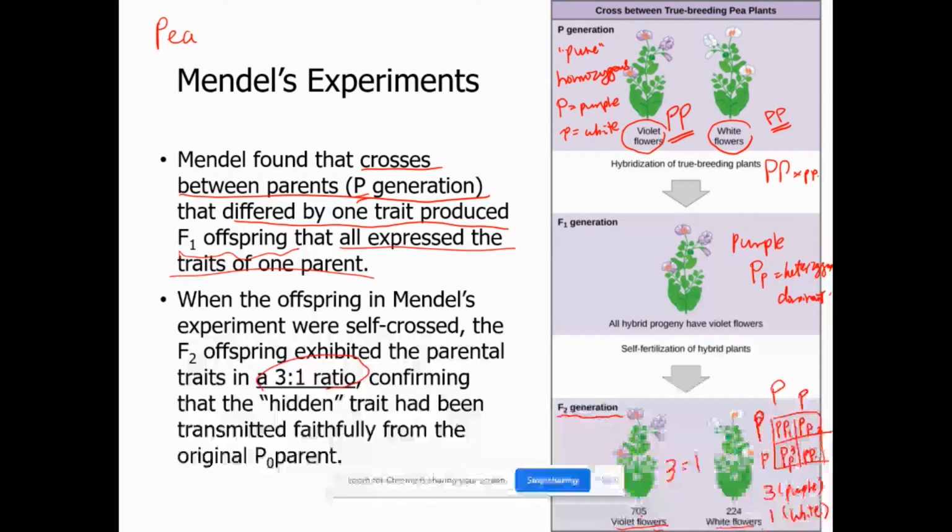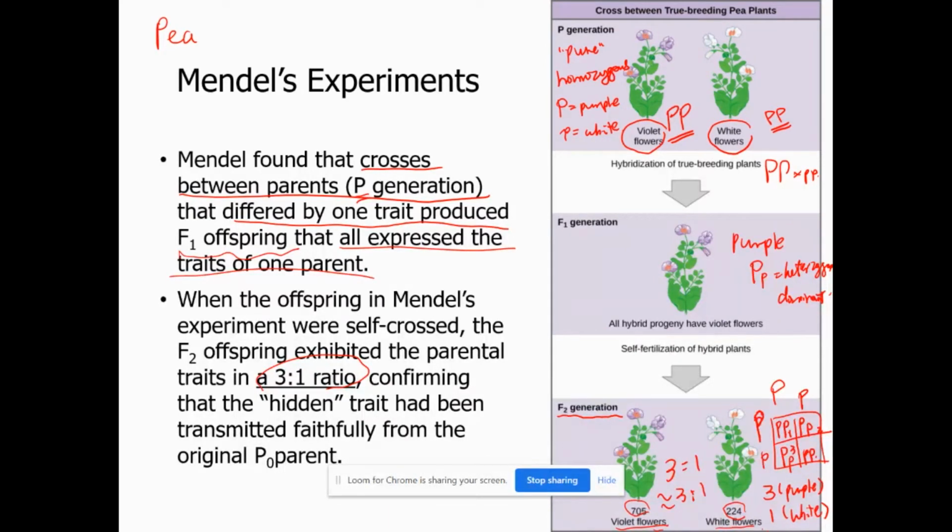You probably noticed that the numbers here, 700, 220, are approximately a 3-to-1 ratio, not exactly, but about 3-to-1. That's what you would observe in a real experiment, because things can vary a little bit. The theoretical number is 3-to-1, but your observed value will be a little bit off, but very close to 3-to-1.